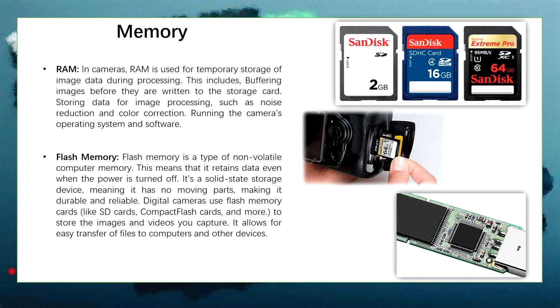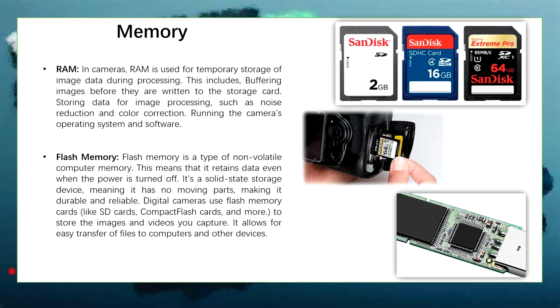Flash memory is a type of non-volatile computer memory. This means that it retains data even when the power is turned off. It's a solid-state storage device, meaning it has no moving parts, making it durable and reliable.